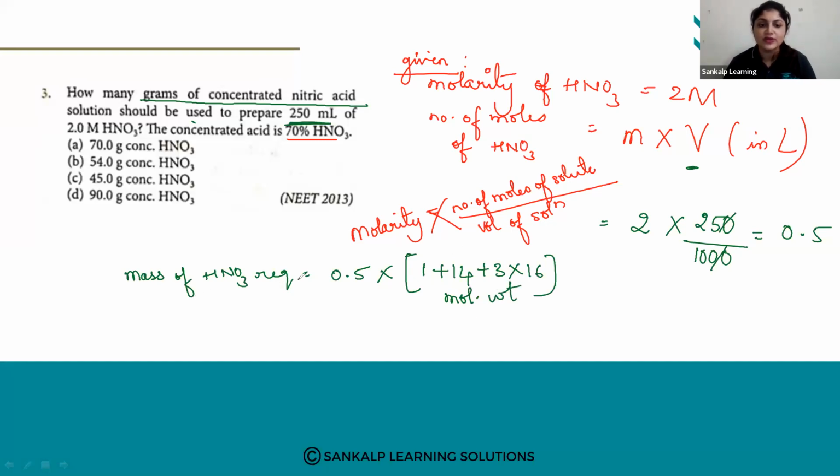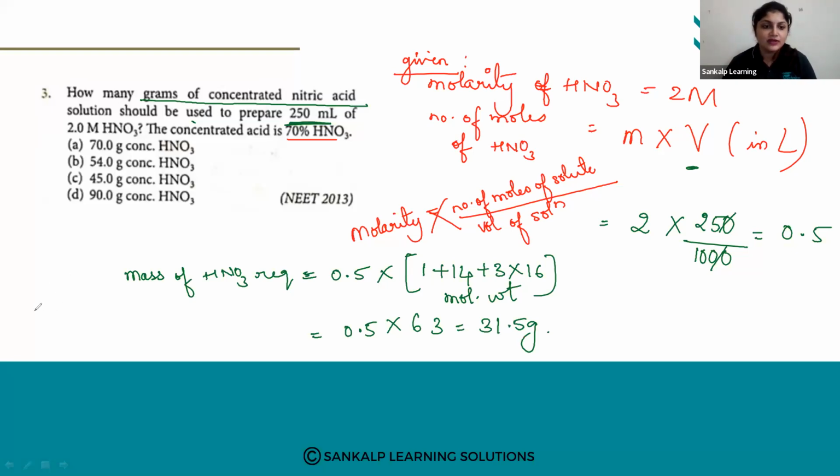So the mass of HNO3 required is the number of moles multiplied by the molecular weight. So 0.5 into 63 is 31.5 grams. This is the mass of HNO3 required.